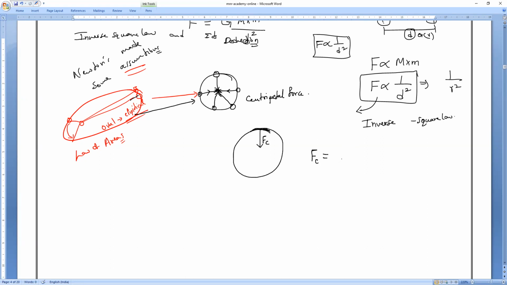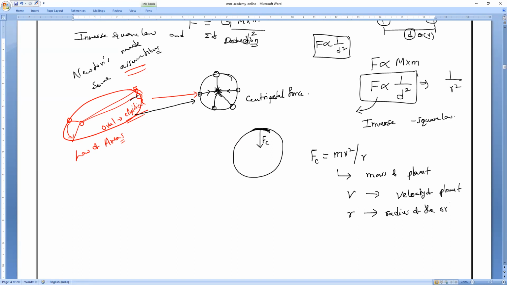The centripetal force formula is m v square by r. Please note it, all of you. Here m is the mass of the planet, v is the velocity of the planet, and r is the radius of the orbit.